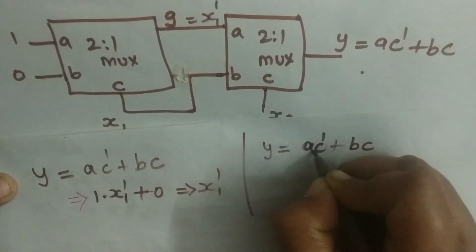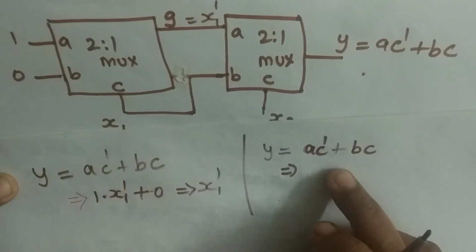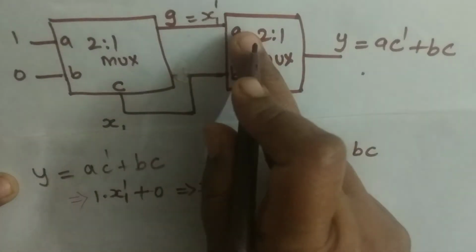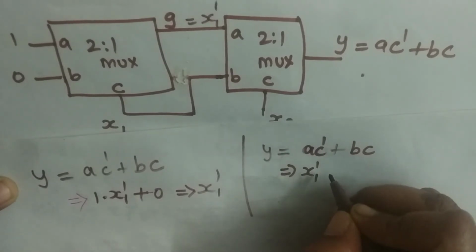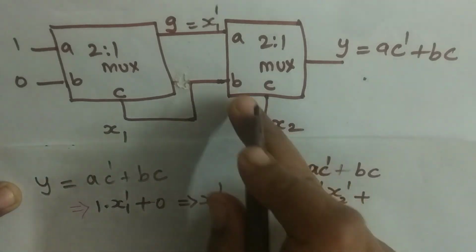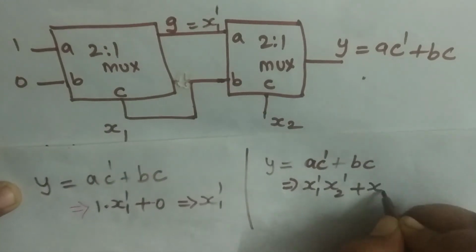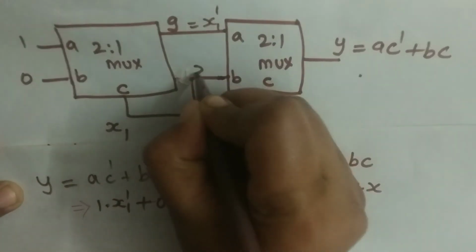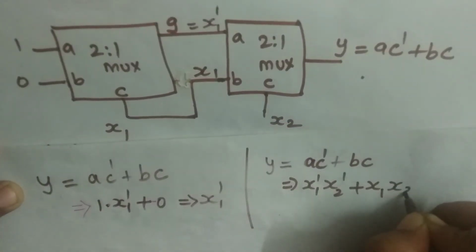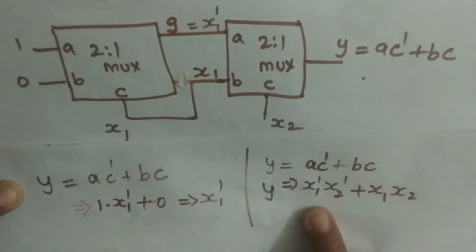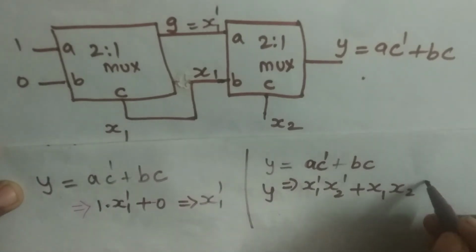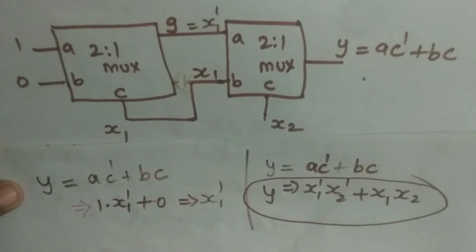For the second mux, A is x1 dash, C dash is x2 dash, plus B is x1, because x1 is connected here, and C is x2. So this is the answer: Y equal to x1 dash x2 dash plus x1 x2. So this is the true condition.